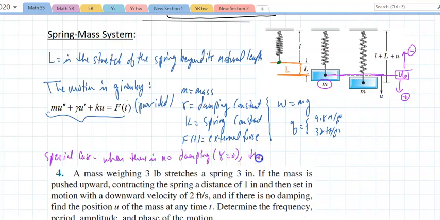The motion is called simple harmonic motion. And that turns out to be a big deal.